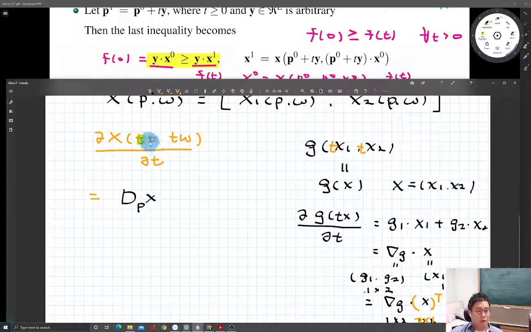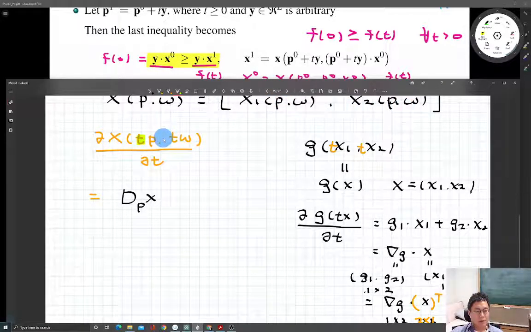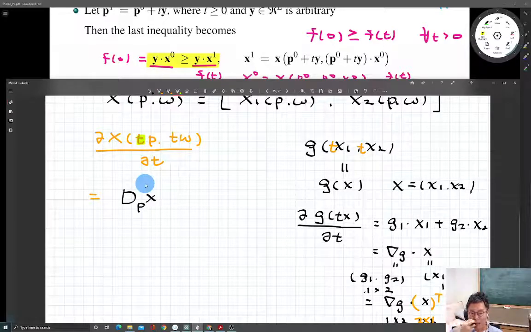If we take the derivative with respect to p, x is vector valued, and p is a two-dimensional vector as well, p1 and p2. So the derivative is going to be a 2 by 2 matrix. Once again, you may skip that if you're not interested in the theory or the vector calculus, that is totally fine.